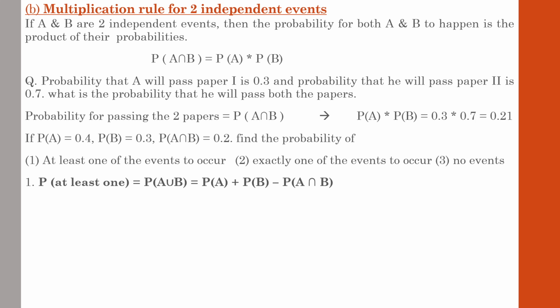I hope we have learned the same equation previously in the case of non-mutually exclusive events. So whenever an at least one situation comes, remember that it comes under the addition rule of any two events, especially non-mutually exclusive events.